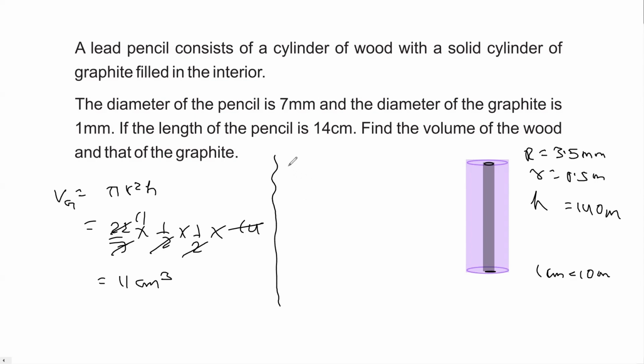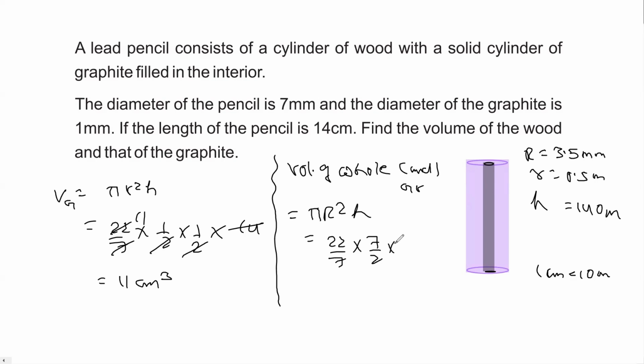Now I'll find the volume of the whole pencil, including graphite. For this, it is going to be pi, and the radius of this whole pencil is capital R, but h is the same inside and outside. So pi is replaced by 22 over 7. I can take the radius as 7 over 2 for easier calculation, and the height, which was 14, will remain as 14.